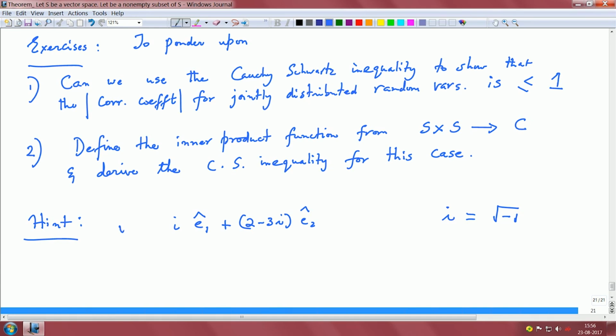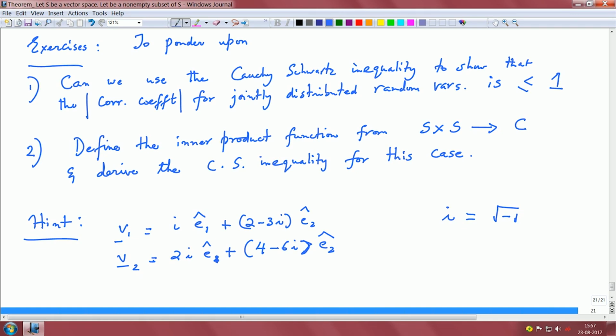Let us say this vector is v1, and have another vector v2, which is say 2 times i in the E1 direction, plus some quantity 4 minus 6i in the E2 direction, right.